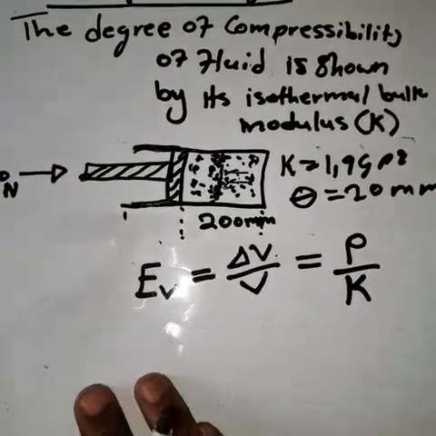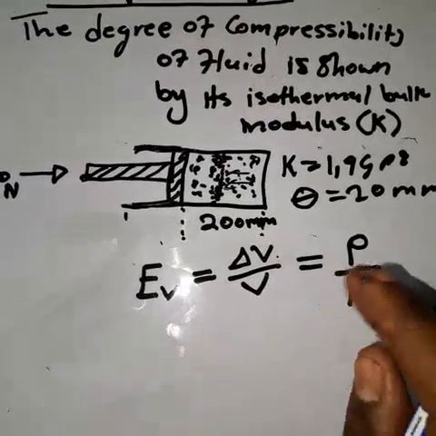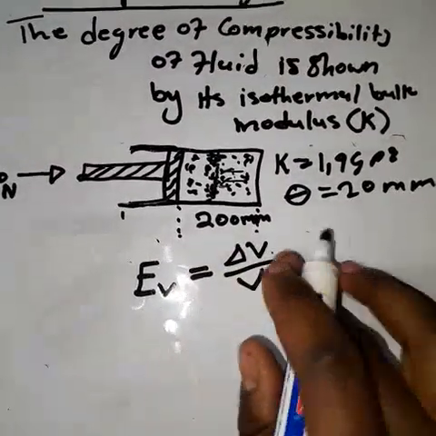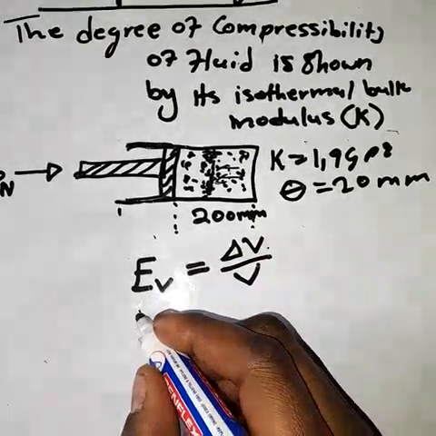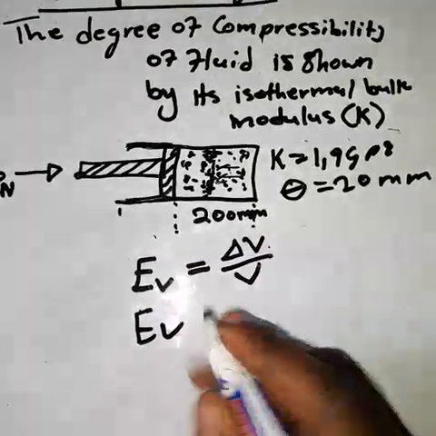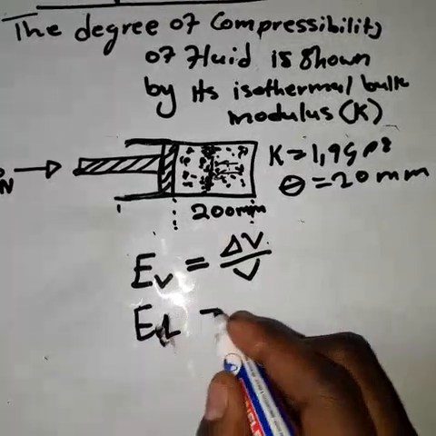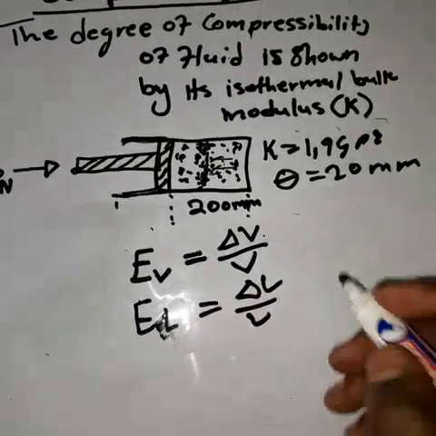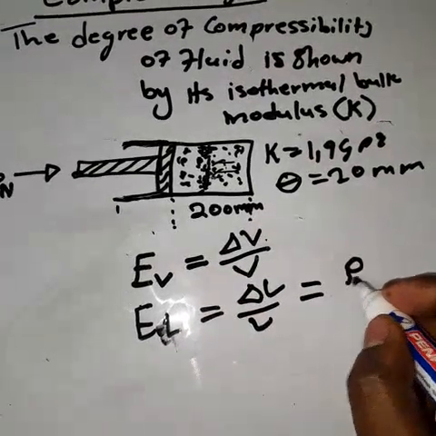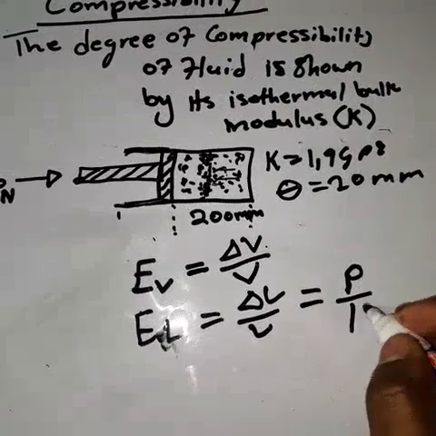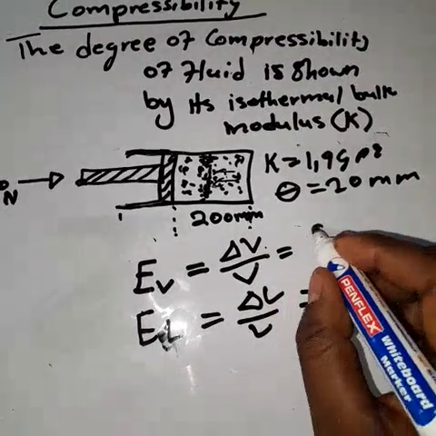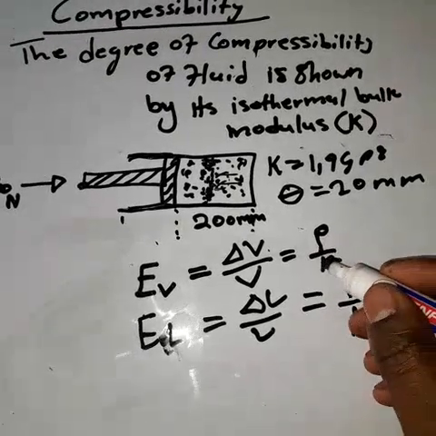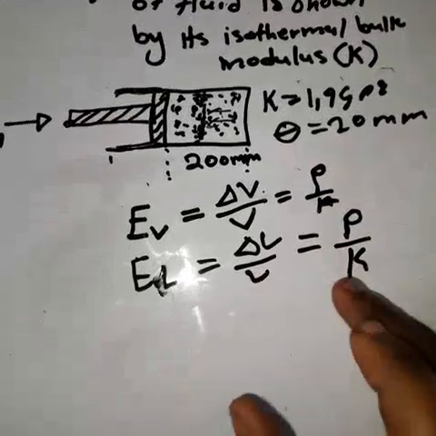Any strain, doesn't matter which strain, I can also say, maybe I say L here, will be the change in length over original length. We know this is the strain, again also equal to pressure P over K. Same thing here, pressure over K. You see, all strain is like this.